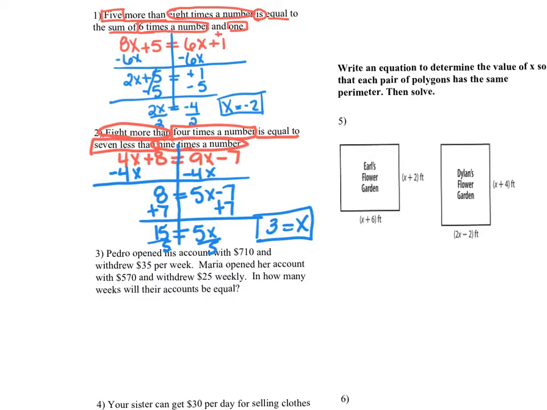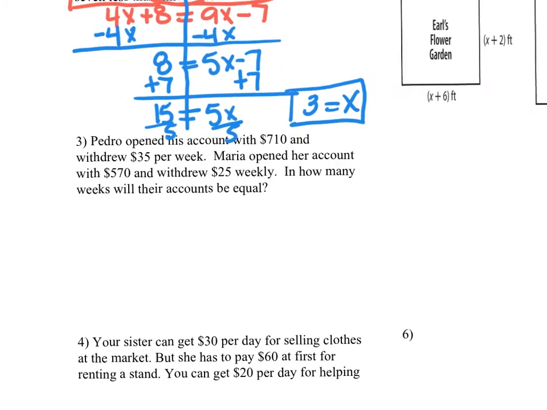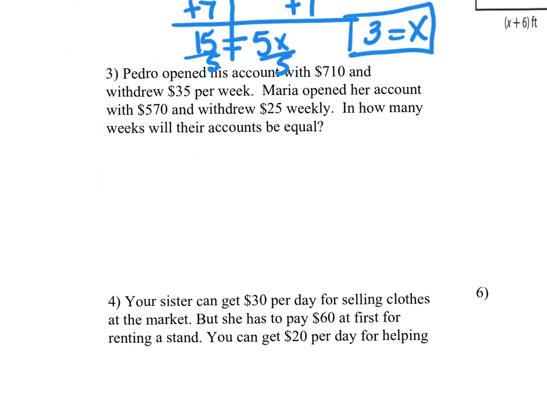And number 3. This one takes a little bit of a different step. It says, Pedro opened an account with $710 and withdrew $35 per week. Maria opened an account with $570 and withdrew $25 weekly. In how many weeks will their accounts be equal? So we're just setting it equal to each other.